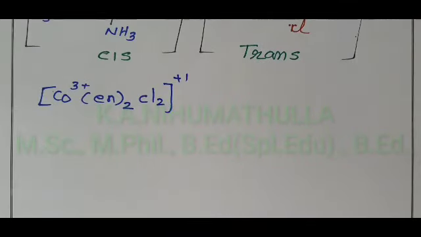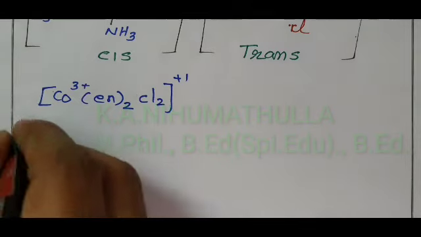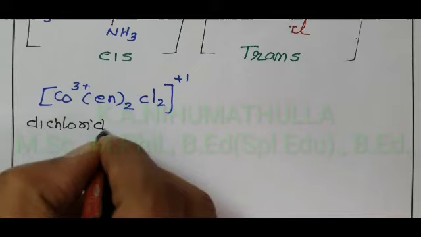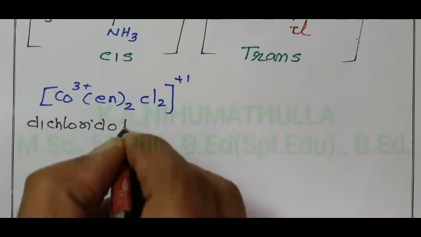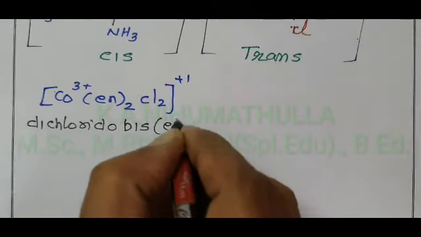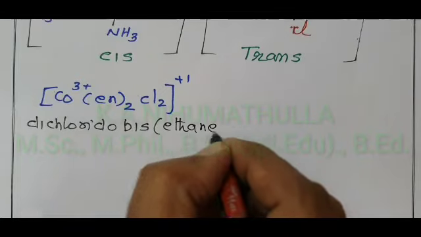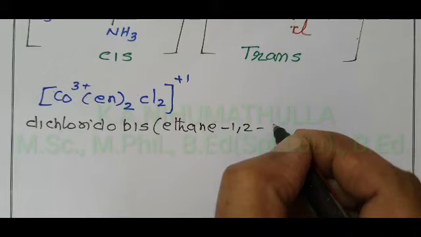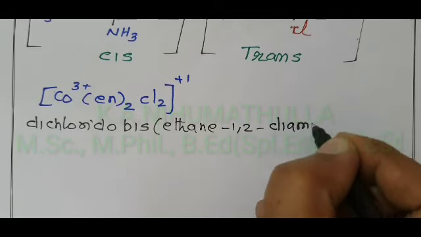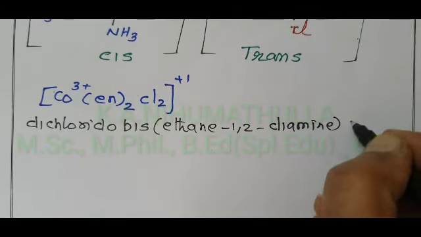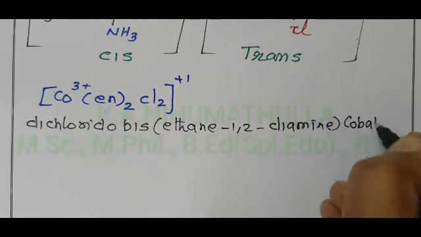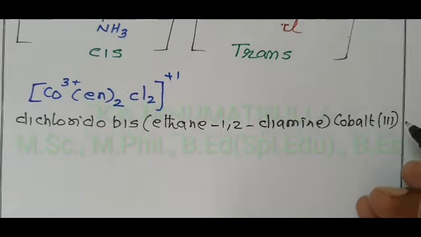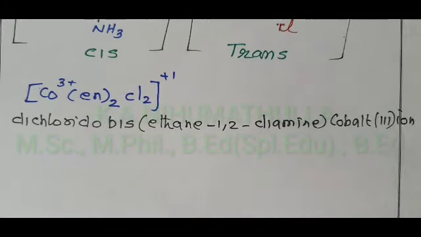Now I write the IUPAC name of this complex: dichlorido, C is first, dichlorido, 2 ligands, bis(ethane-1,2-diamine), central metal ion cobalt, oxidation state 3, name ends with ion: cobalt 3 ion.